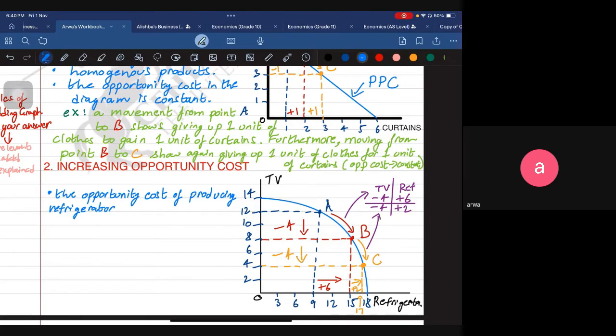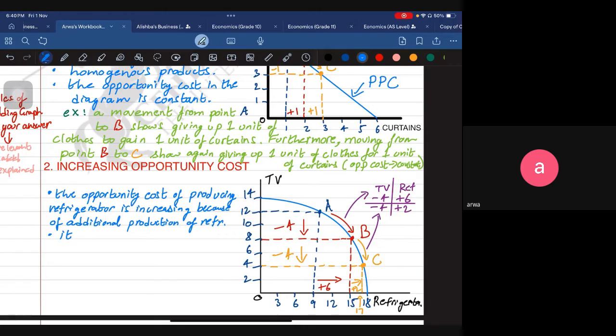Refrigerator is increasing because of additional production of refrigerators.